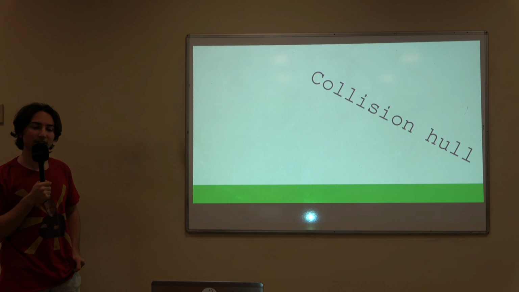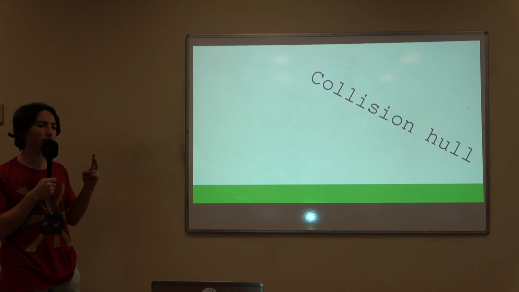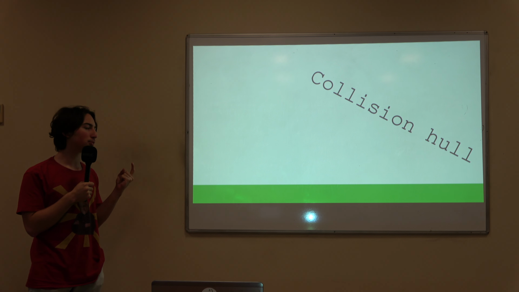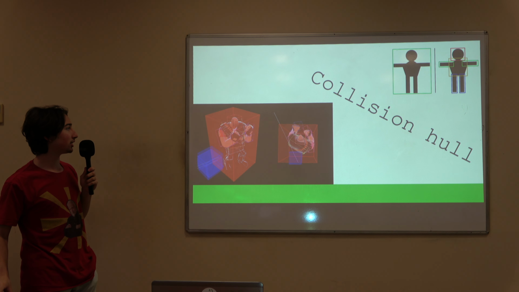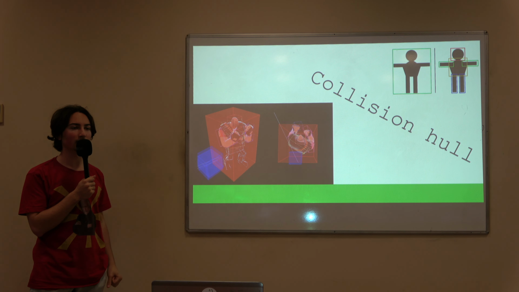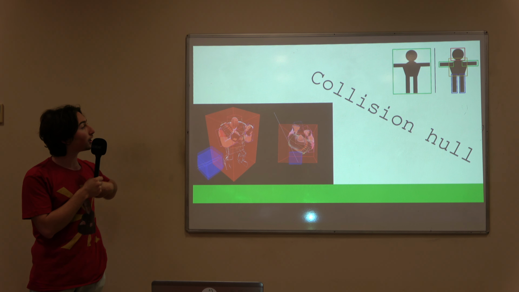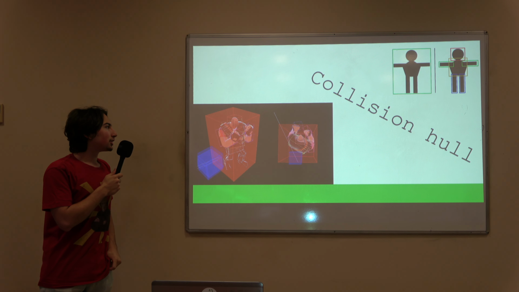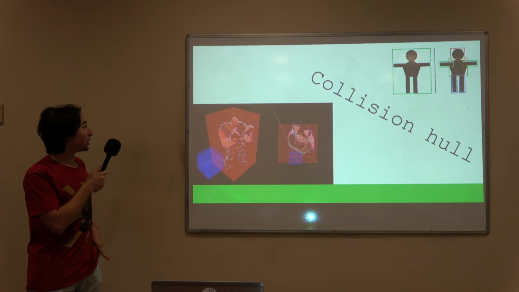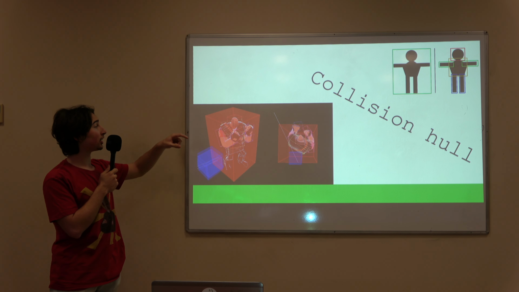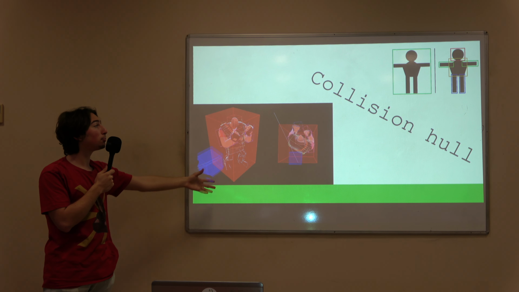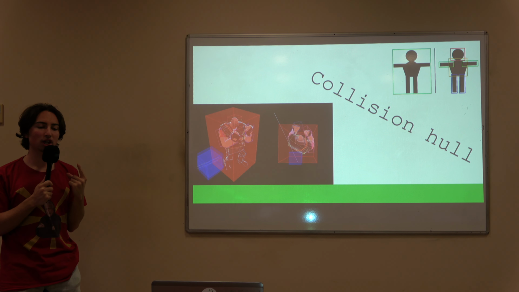A lot of FPS games actually use 2 types of hitboxes. The first one is the aforementioned hitboxes, the set of all these boxes or pills that create the player. But the collision hull is sometimes this big box that encompasses the whole player, which is just one simple shape.